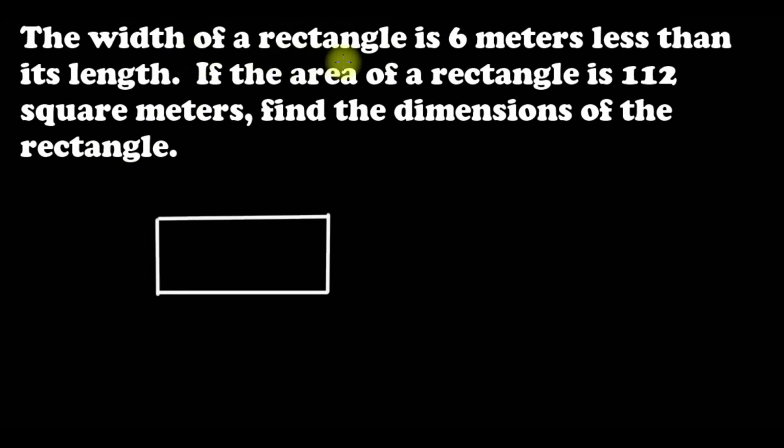The width is 6 meters less than its length. So we do not know what the length is. Okay, so we're going to call it x. So your length is going to be x. But we know that the width is going to be 6 meters less than the length. So that's going to be whatever the length is, minus 6.